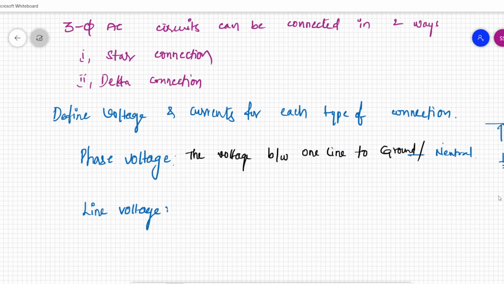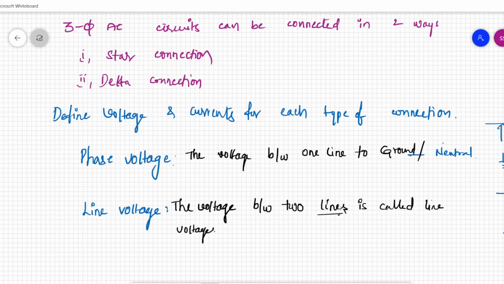And what is line voltage? Line voltage is simply the voltage between two lines. If there are two lines, A line and B line, the voltage between them is line voltage.